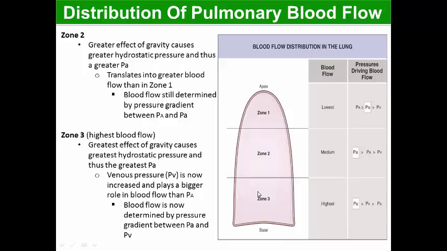In zone 3, the arterial pressure is higher than the venous pressure, and the venous pressure is higher than the alveolar pressure. So blood flow is now determined by the pressure gradient between the arterial and venous. So zone 3 has got the highest flow.